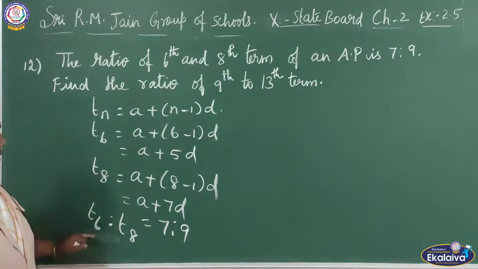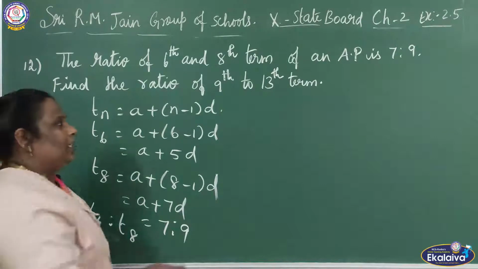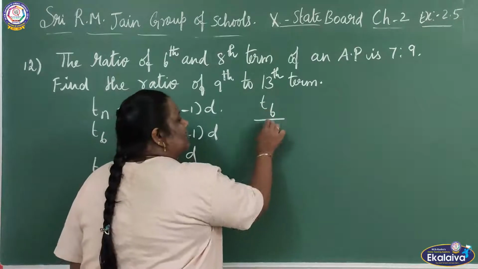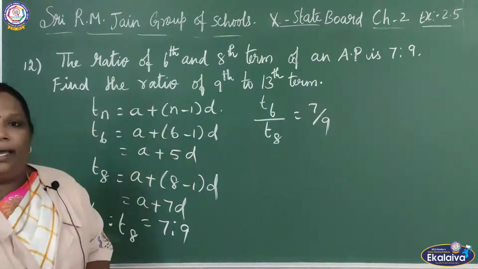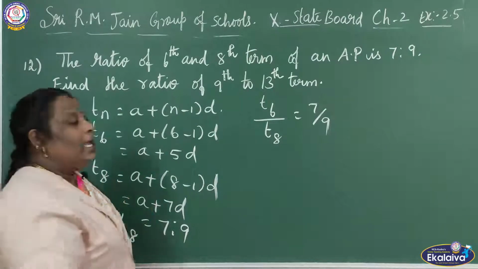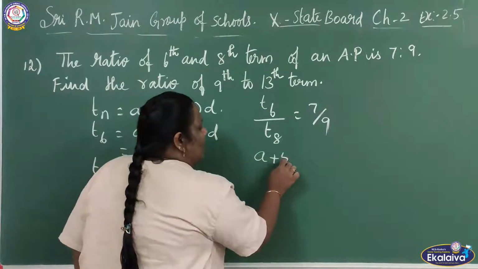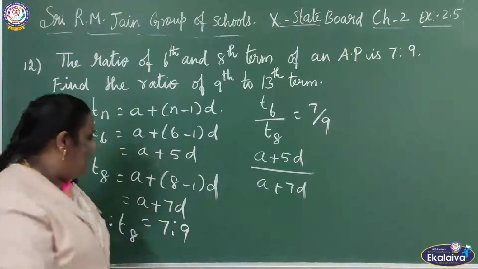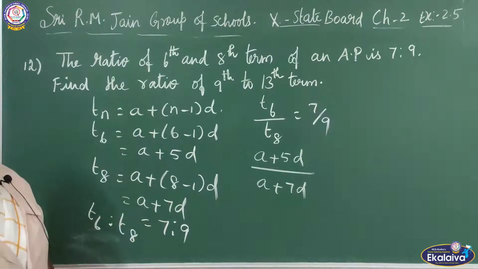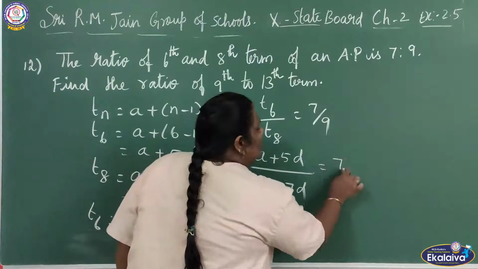I will write it in fraction form: T6 by T8 equal to 7 by 9. What is T6? A plus 5D. So A plus 5D by A plus 7D equal to 7 by 9.